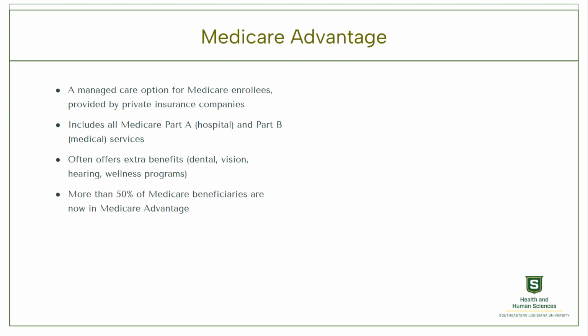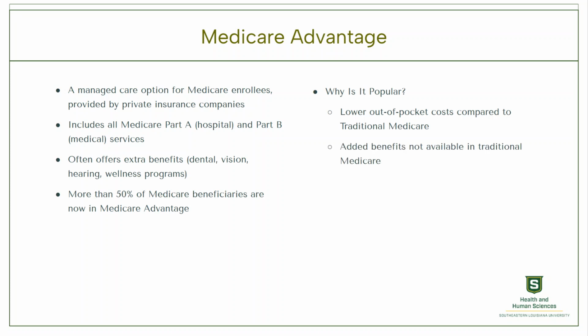More than 50% of all Medicare beneficiaries are in some form of managed care program. The reason it's so popular is that out-of-pocket payments are lower with Medicare Advantage than with traditional Medicare.